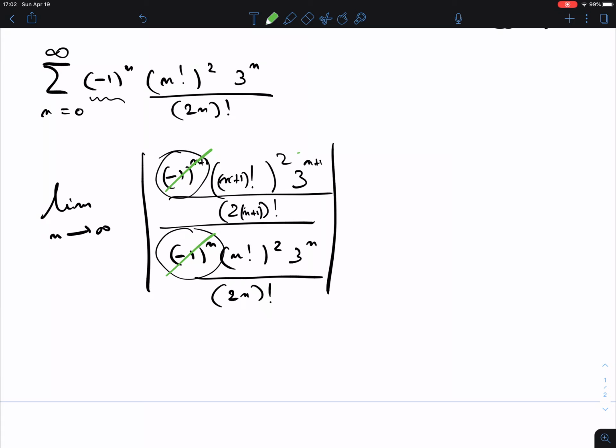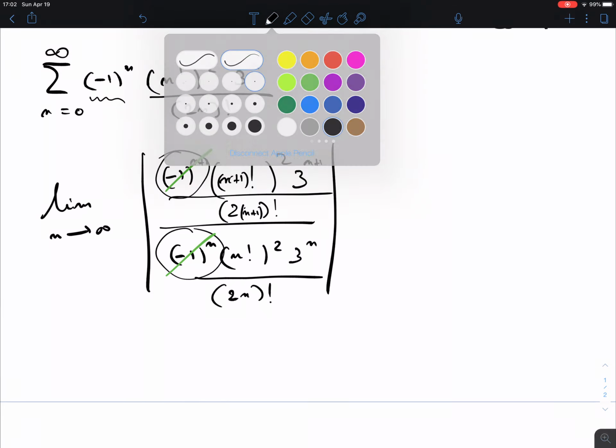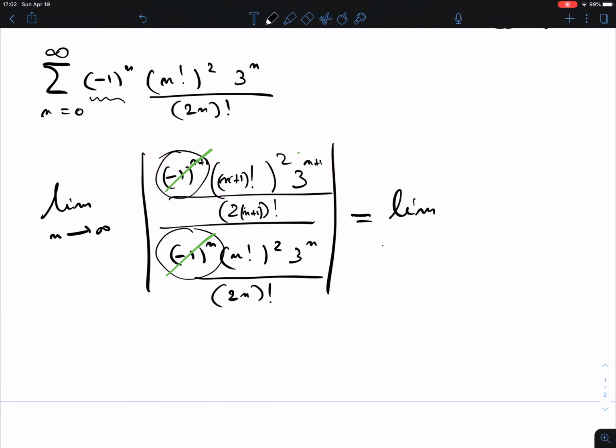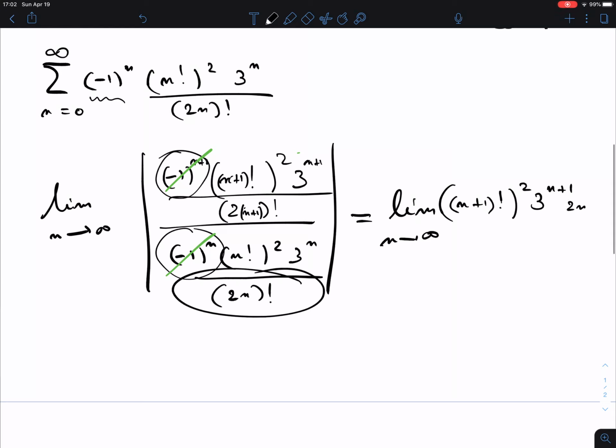Okay, so, all right, so what we get is limit n going to infinity. All right, so what we have on top, we have this n plus 1 factorial squared, with this 3 to the power n plus 1, and also this fellow here in the bottom will come down. That will come up. And then what is left is 2 times n plus 1 factorial, I should put that there, right?